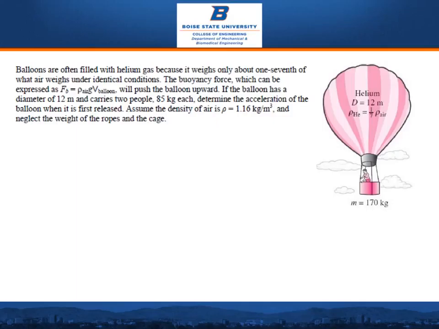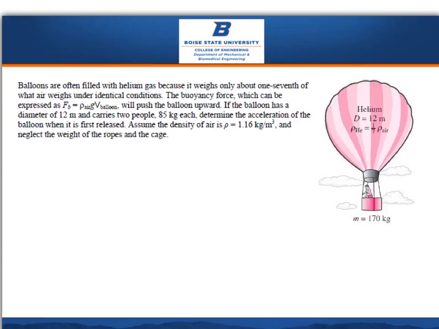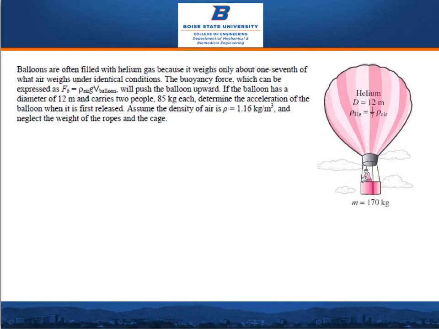So for this problem, we're attempting to find the acceleration of the balloon when it is released. We're neglecting the weight of the ropes and the basket and the material that the balloon is made out of.